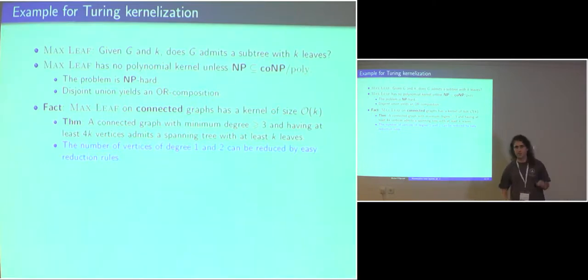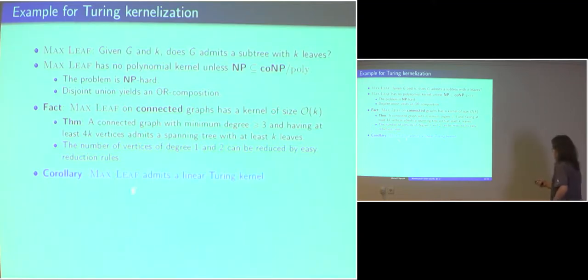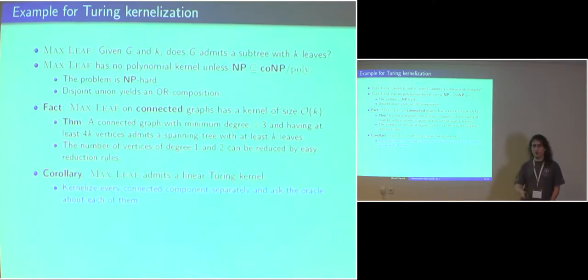And this you can reduce quite easily. So the corollary is that this max-leaf problem actually has a linear Turing kernel, because I can just look at every connected component separately, apply my kernelization there and ask the oracle about this connected component separately. So I make n oracle calls at most.